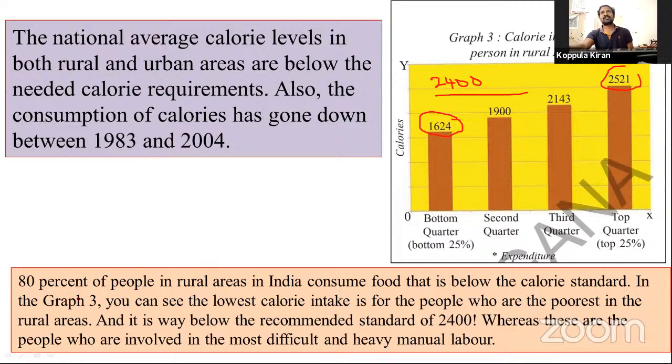Most of them depend on agricultural activities, and they did not take this many kilocalories of food. It is way below the recommended standard of 2,400 kilocalories, whereas these are the people involved in the most difficult and heavy manual labor. I told you already. Next slide.